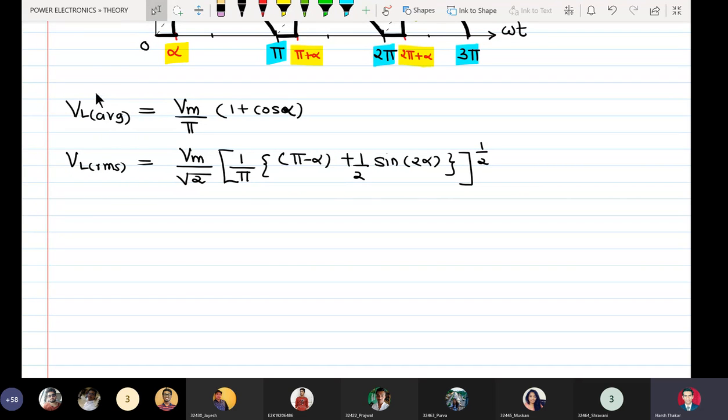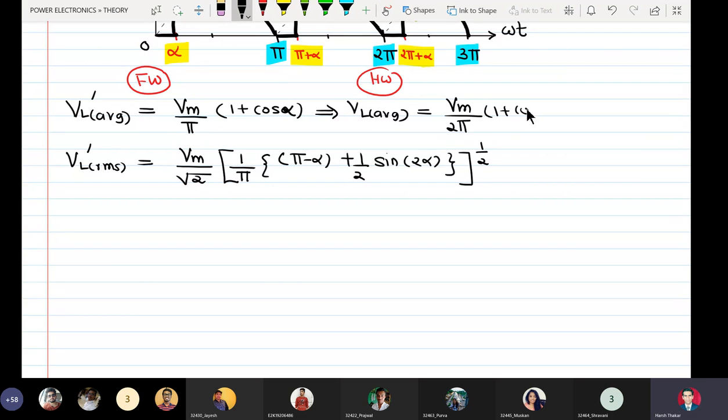If I say this is VL dash and VL RMS dash, then we understand that previously, if this is the full wave system and this is the half wave system, VLAVG previously was simply equal to Vm upon 2 pi into 1 plus cos alpha. So we can say that VLAVG dash is equal to VLAVG multiplied by 2.